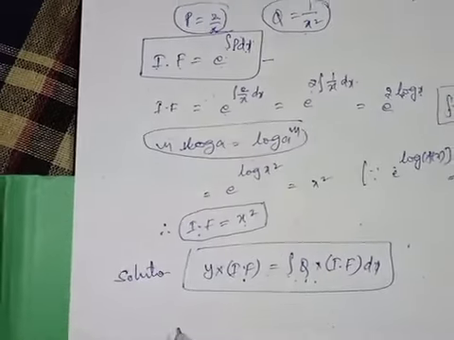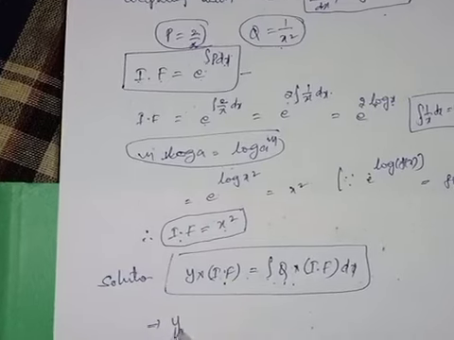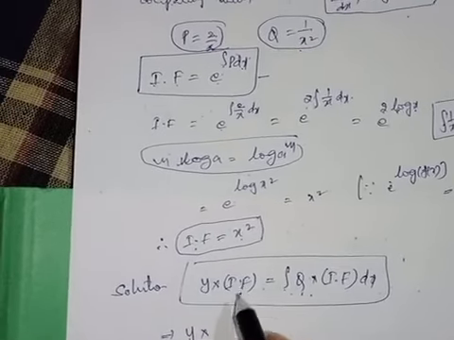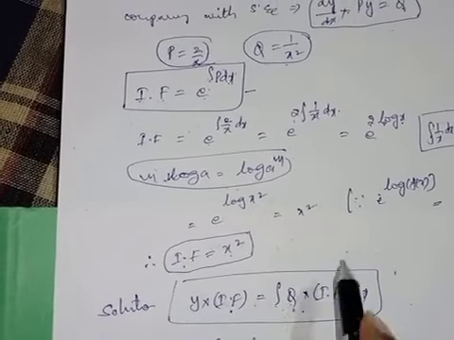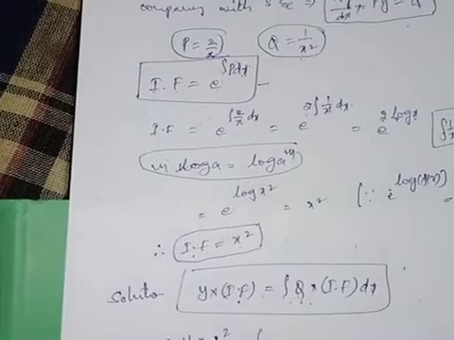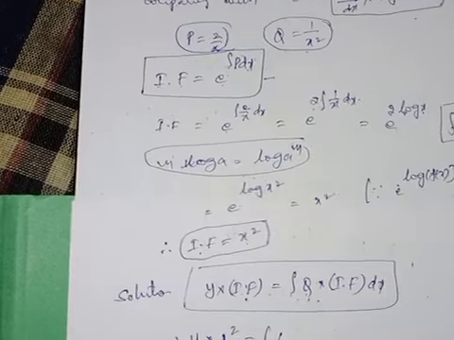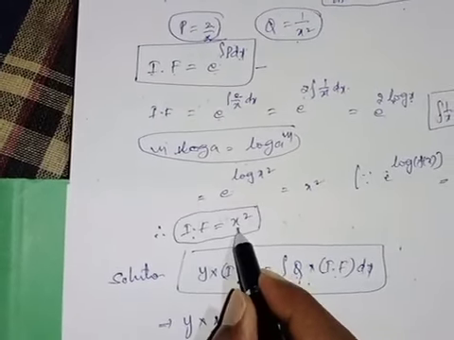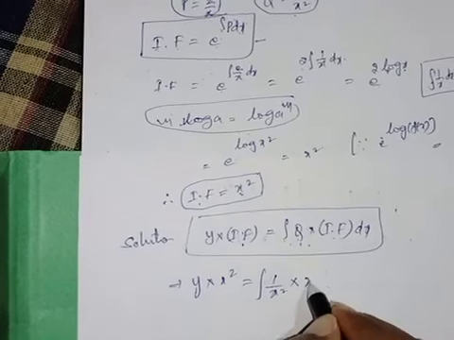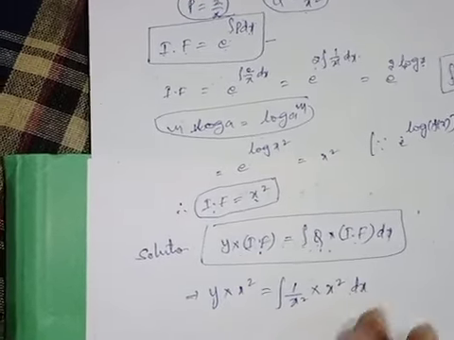If we substitute here, y into IF, that is x square, is equal to integral of q, which is 1 by x square, into IF, again x square, dx.